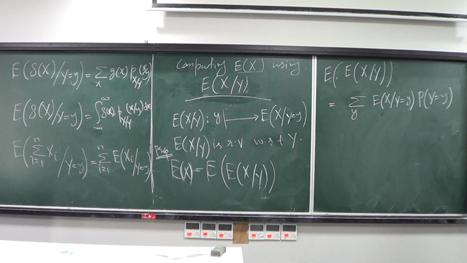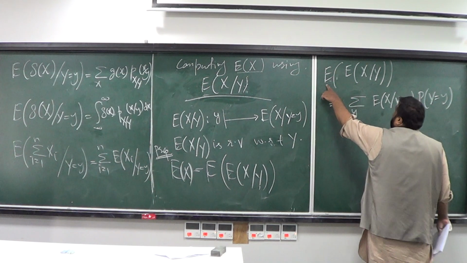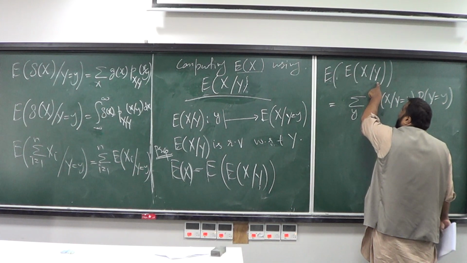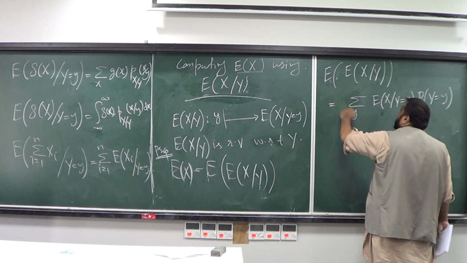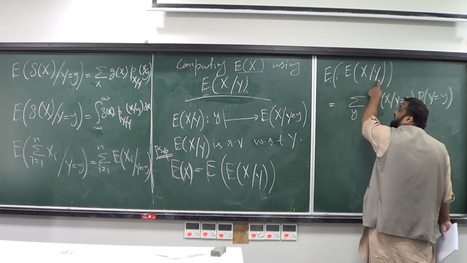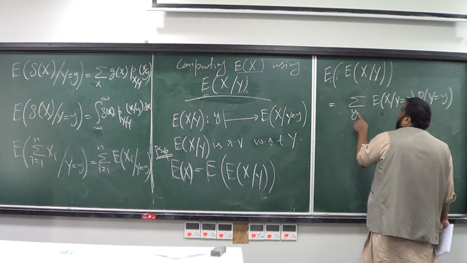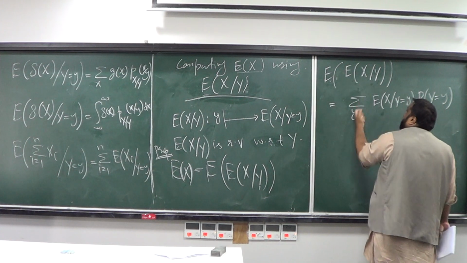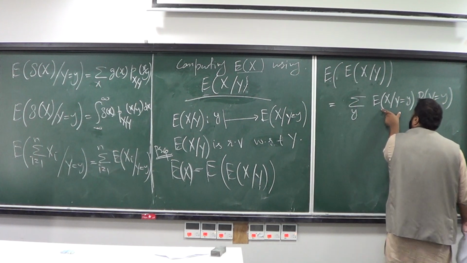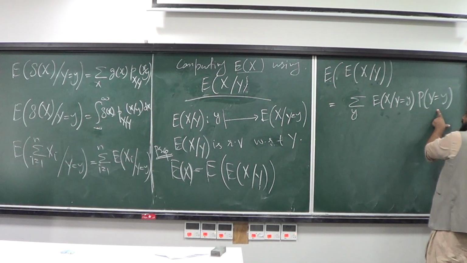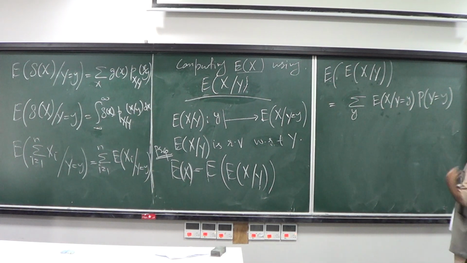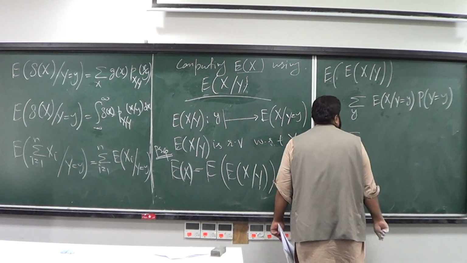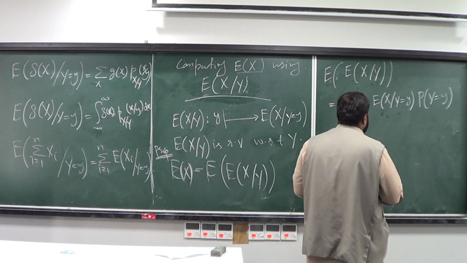Okay? So this expectation is for the random variable y. This means that I need to take the sum over the values that y takes. So what would be the value of this conditional expectation when y is y? It would be this value multiplied by the corresponding probability. And now let's simplify this expression. This is going to be the sum over y.